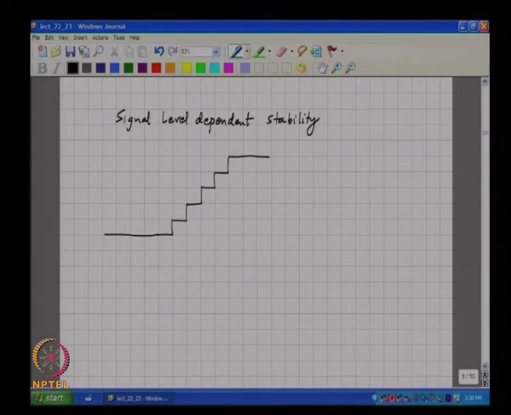In other words, the input to the quantizer always lies within this range. But please note that the input to the quantizer and the input to be digitized are two different things. One is y, the other is u.